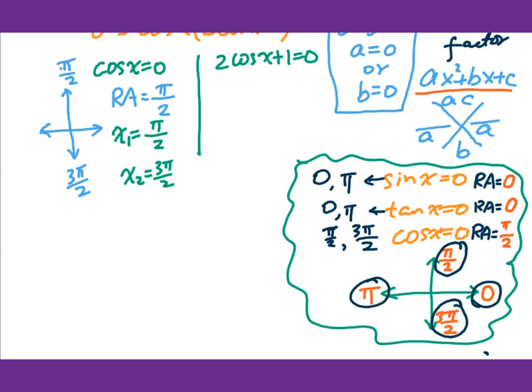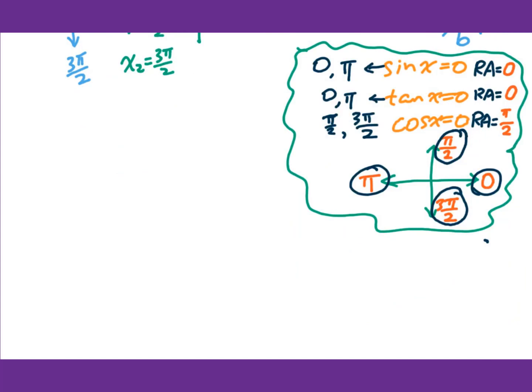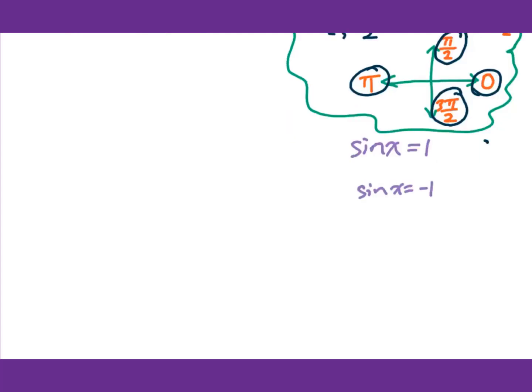For trig functions equal to 0, let's now talk about sine x equal to 1 and sine x equal to -1, also cosine x equal to 1 and cosine x equal to -1.